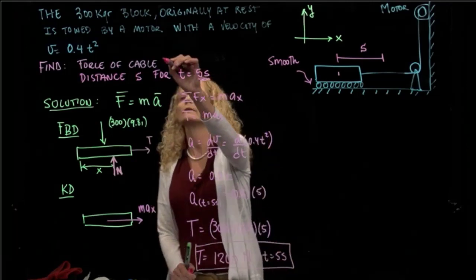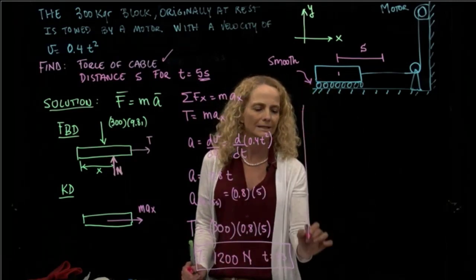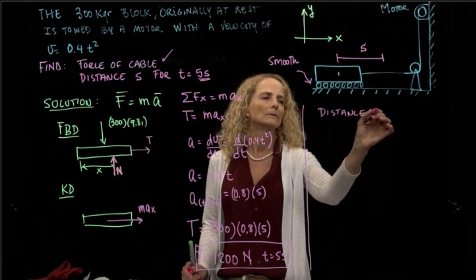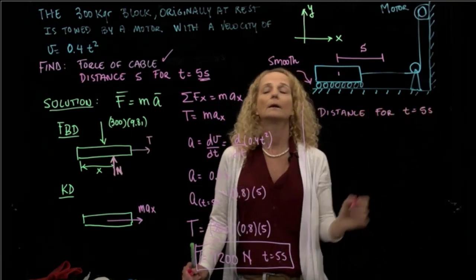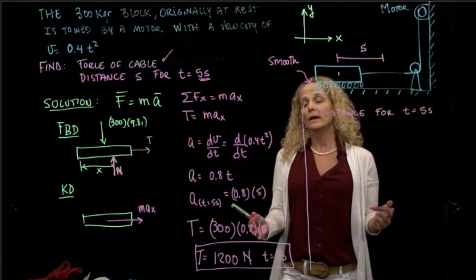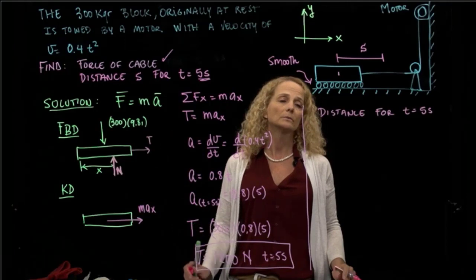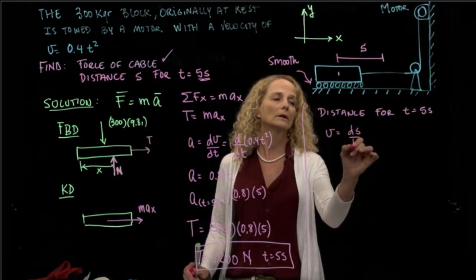So we already found the force in the cable, which is the tension. They want us to find also the distance for t equals 5 seconds. So we know that the distance is related to the velocity as well. We know that the velocity is the derivative of the distance over time.